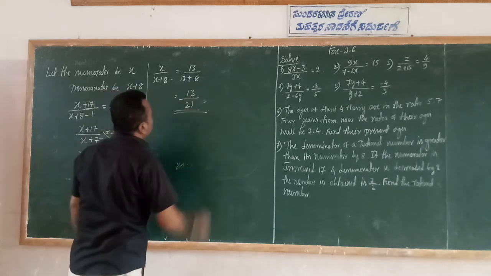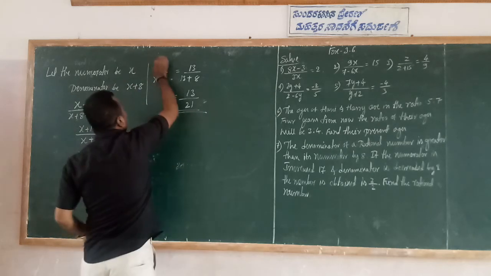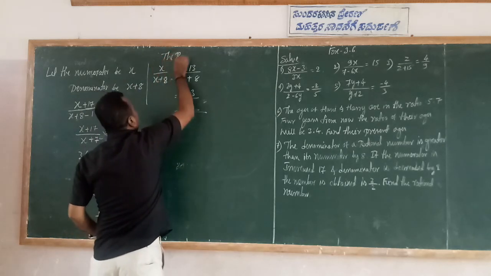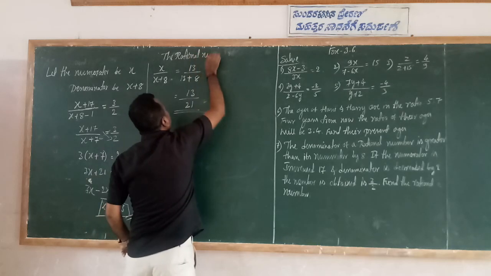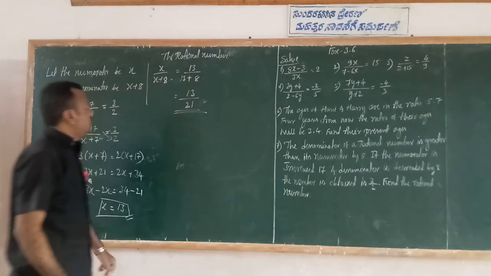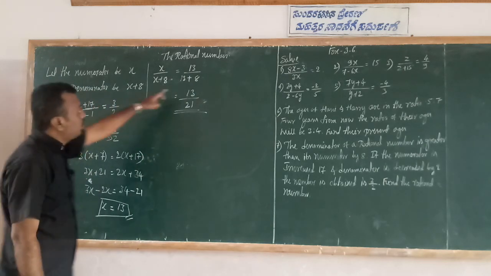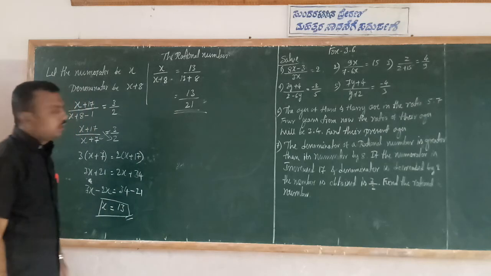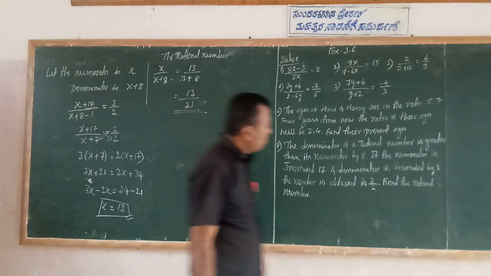Therefore 13 by 21. This is the rational number. Therefore the rational number is x upon x plus 8, which is 13 upon 13 plus 8, which is 13 by 21. You understood? Yes. Next. So like this you have to solve it.